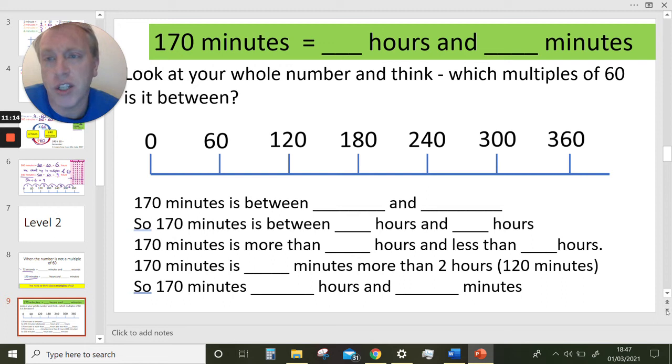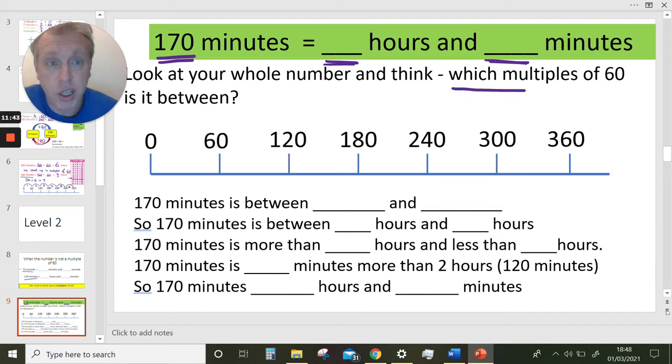Here's our first question. 170 minutes is how many hours and how many minutes left over? So my first thing I've got to notice, 170 minutes, that is not a multiple of 60. So where would I put it on this number line?